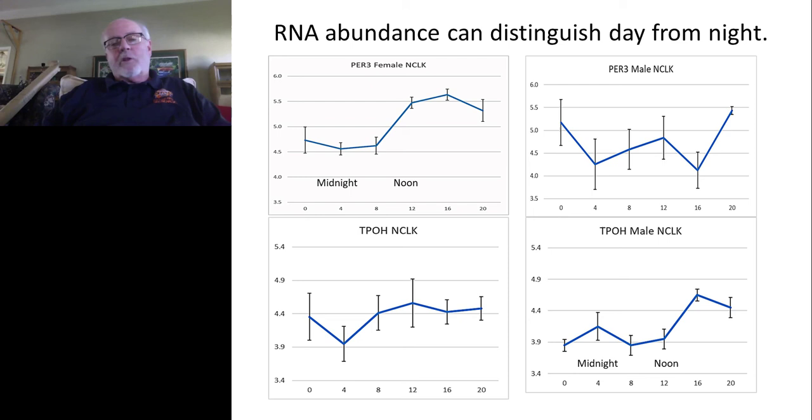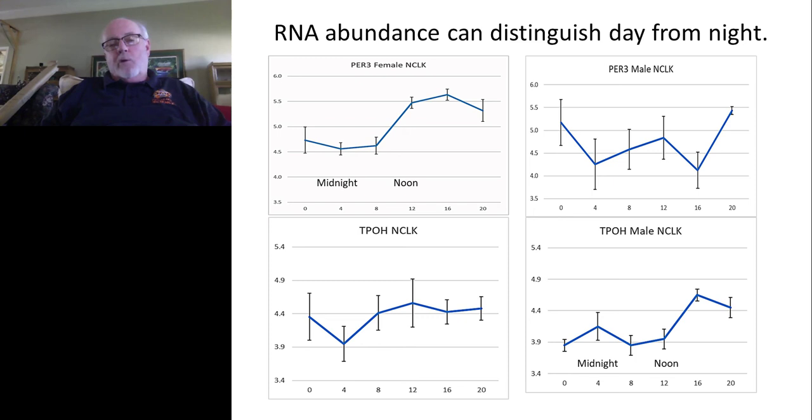Interestingly, here's some of the data that was produced. Most of the transcripts that we looked at yielded results that either were unchanging over a 24-hour period or produced data very much akin to what you see in the top right panel there for the PER3 transcript in males.